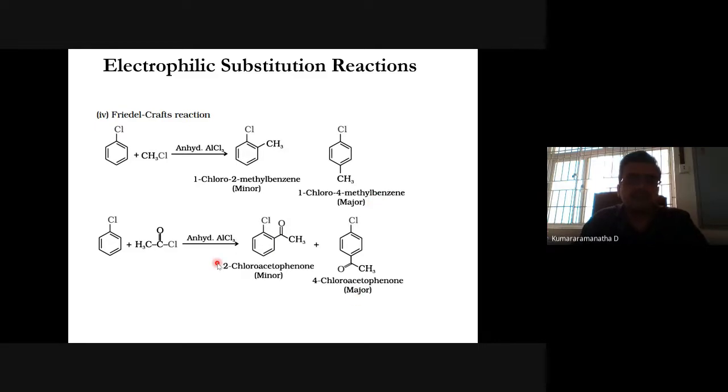Same way we can also add acetyl chloride to form the corresponding acetophenone and complex molecules like this. So these are all electrophilic substitutions. That aspect we should also consider.